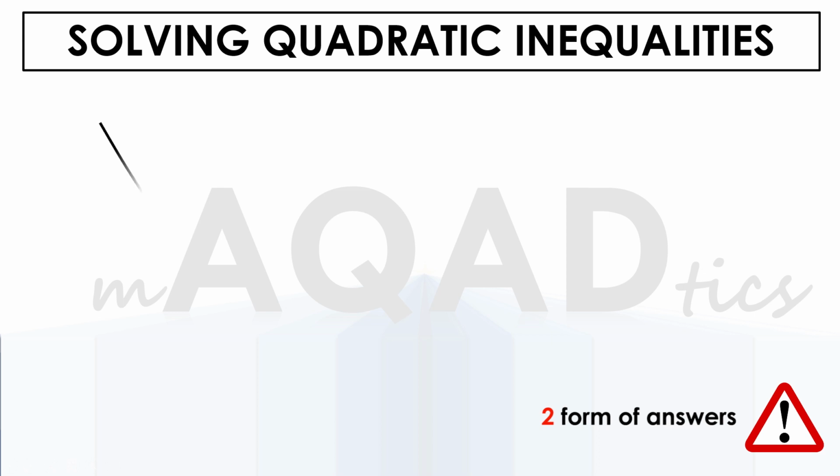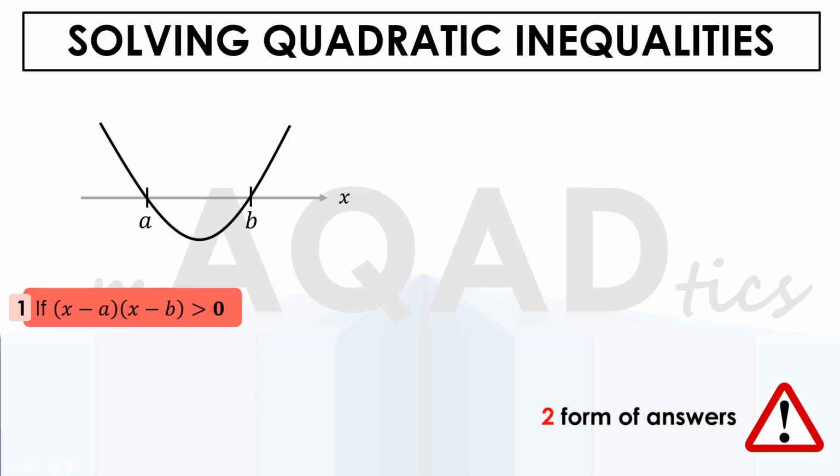Okay, so let's say we have this curve and then we have this x-axis and the x-intercepts are a and b. The first form of answer is this form. Let's say once we factorize the quadratic inequality, we have maybe x minus 2 and x minus 5. Then you see the inequality that is more than 0 here.